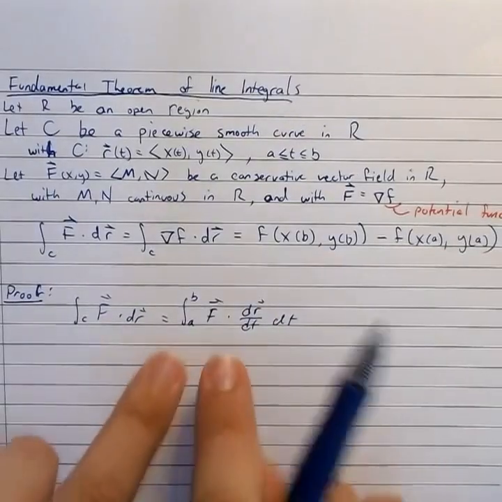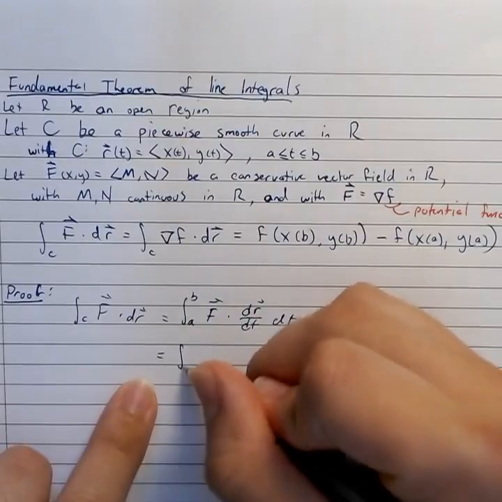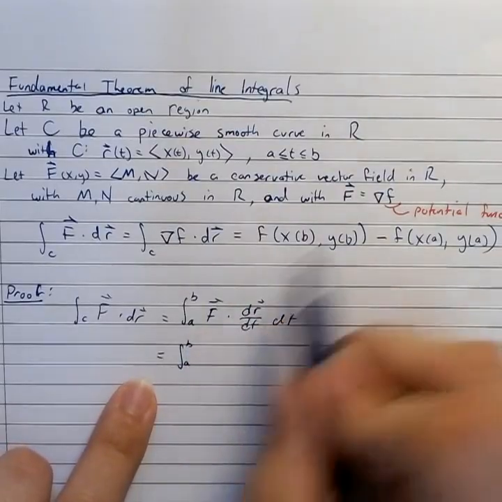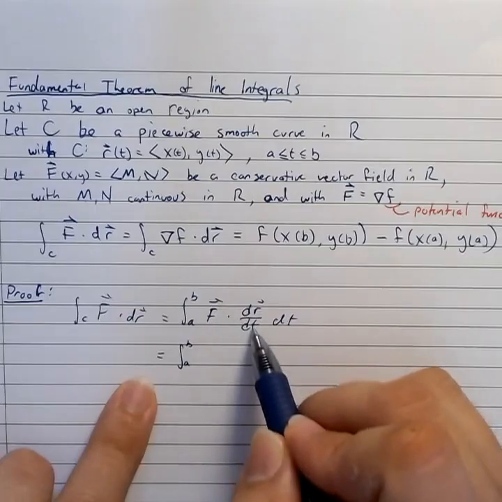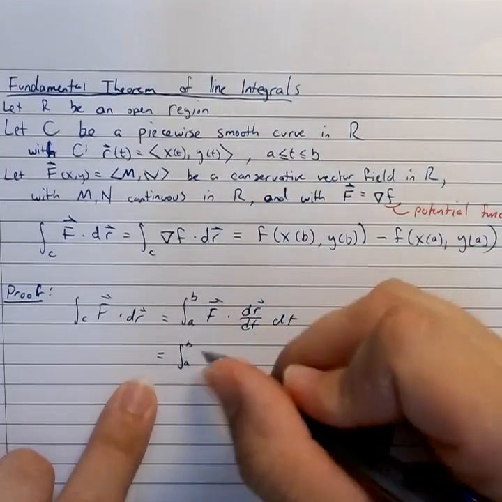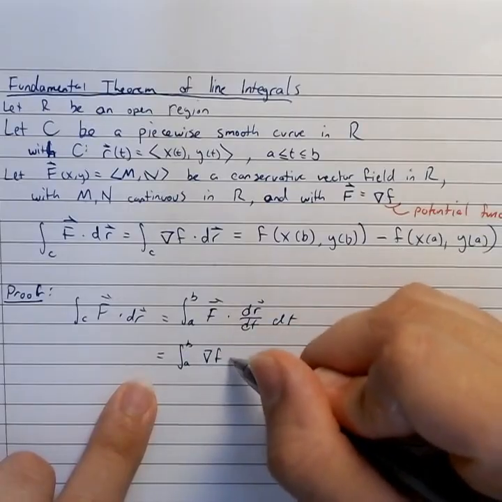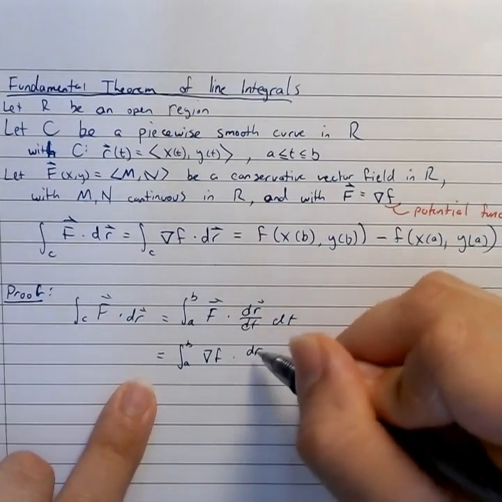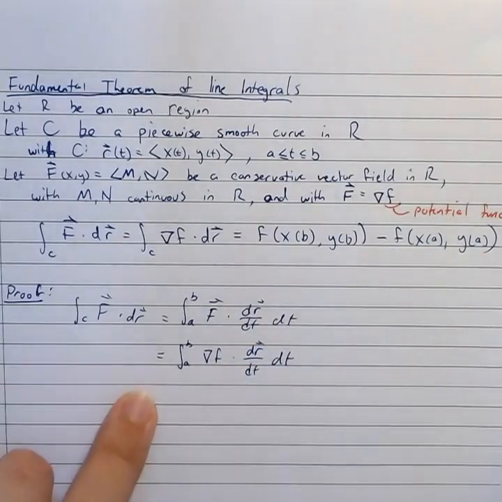But now we know that this is equal to the gradient of some little f, right? Given these conditions, we know that F dot dr/dt dt is really the gradient of f dot dr/dt dt, like that. But we know what the gradient looks like.